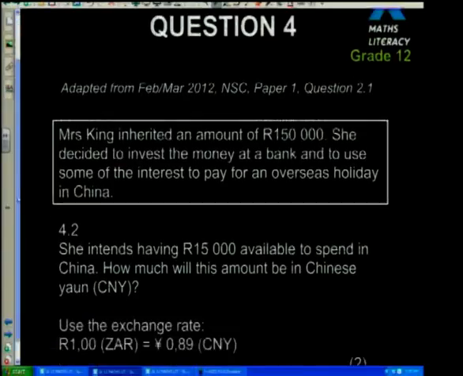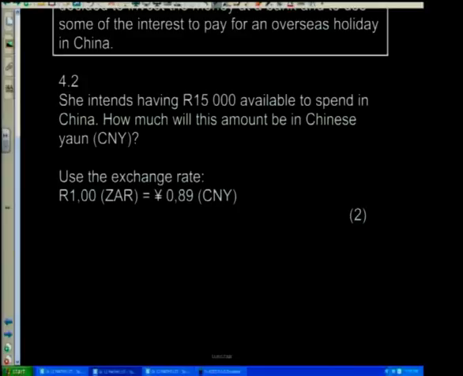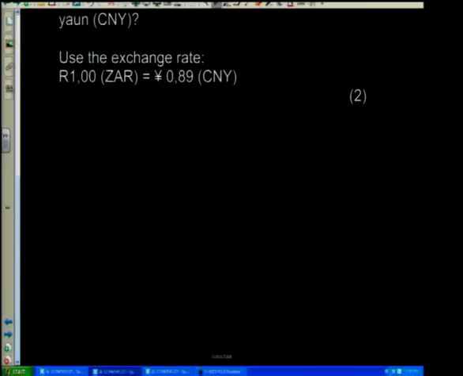My next question is still about Mrs. King, but she intends having 15,000 Rand available to spend in China. How much will this amount be in Chinese yuan, using the exchange rate? All right, let's go for it.